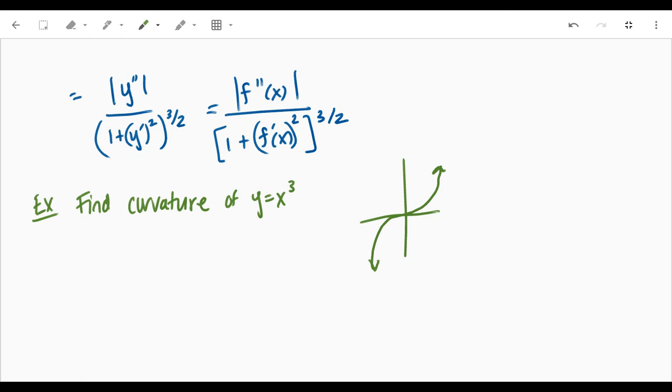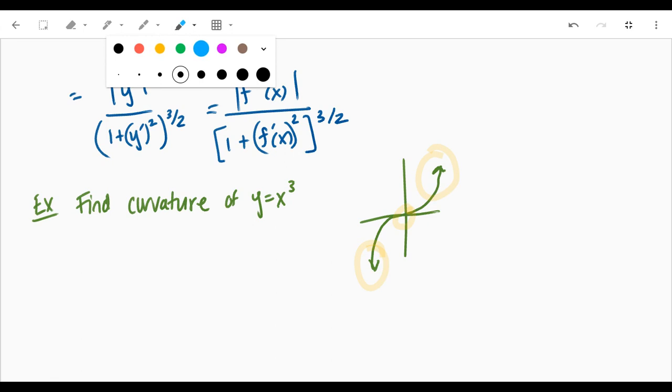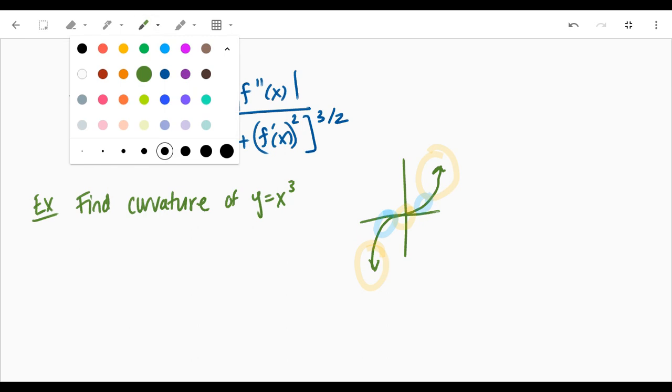You can kind of predict it's not happening here or here, and even not so much here. That's where you're going to have that straightening out a little bit. It's going to be here and here that the curvature would be the greatest. But we're going to go ahead and use that formula.